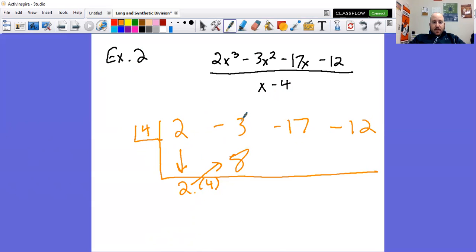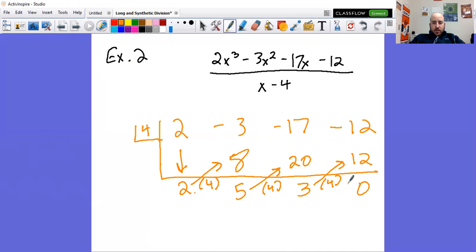Step 5 is to combine like terms here and then repeat the process until I can't do it anymore. So -3 and 8 is +5. Move it to the next column while multiplying it by 4 is 20. -17 and 20 is 3. Move it to the next column while multiplying it by 4. -12 and 12 is 0.